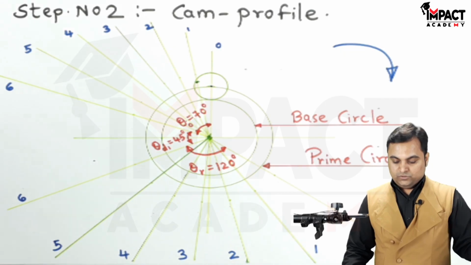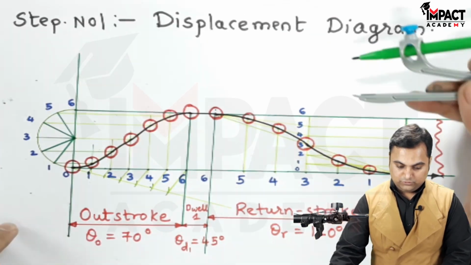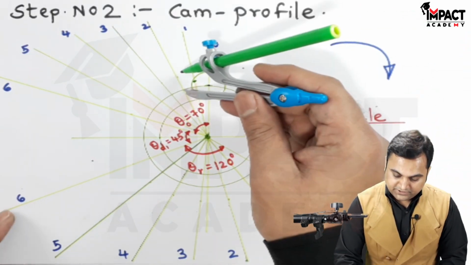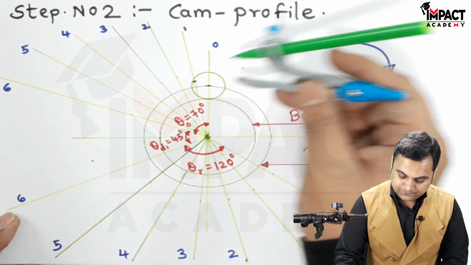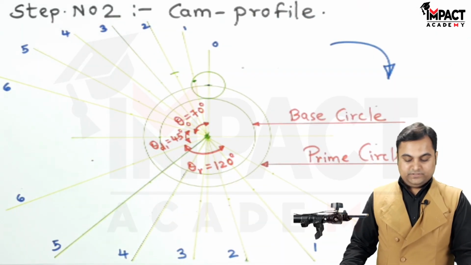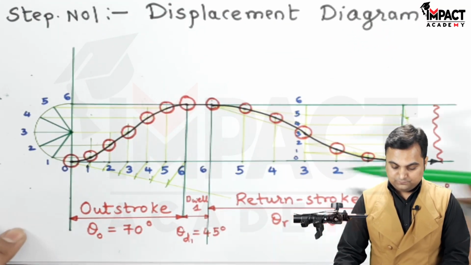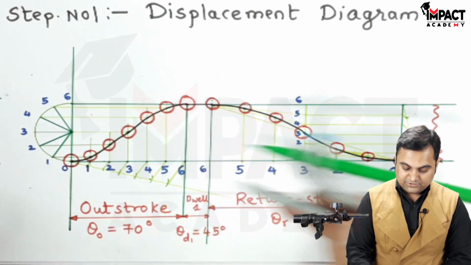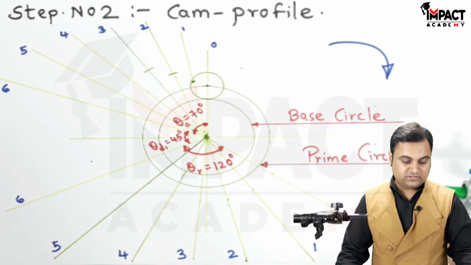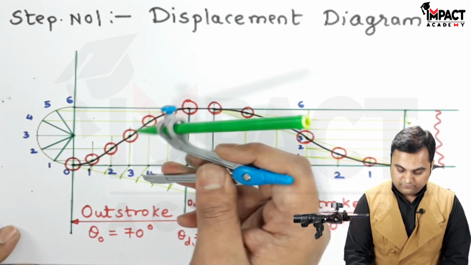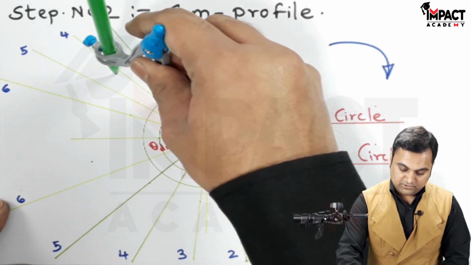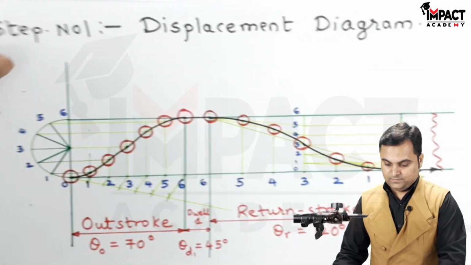Next, for point number 2 onto the outstroke, keeping on the second division, and from the prime circle, cut this line. Next, for point number 3, measuring the distance, keeping on the third division, cutting this line. Then the fourth division, keeping on the prime circle onto the fourth division. Next, fifth.